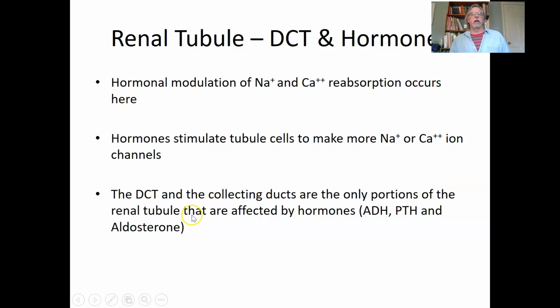So one of the main functions of the cells lining the wall of the distal convoluted tubule and the collecting duct is sites of action of hormones that are going to regulate absorption of some substances, ions and water, back into the body and prevent their loss in the urine. We'll talk more about that when we talk about the physiology of the nephron.